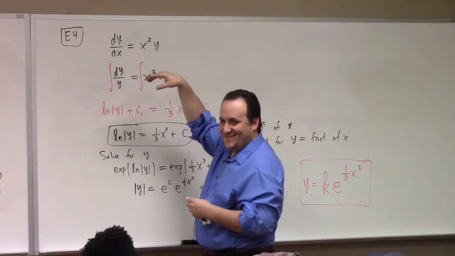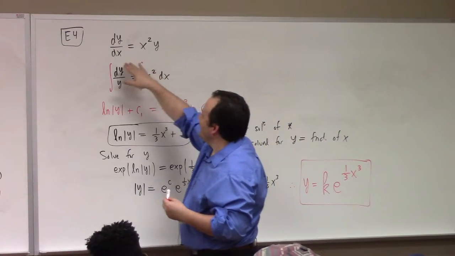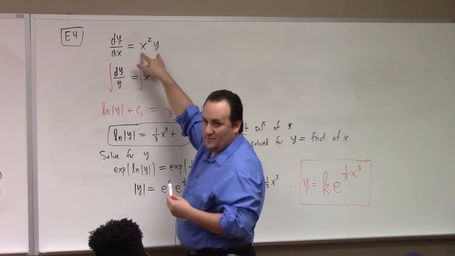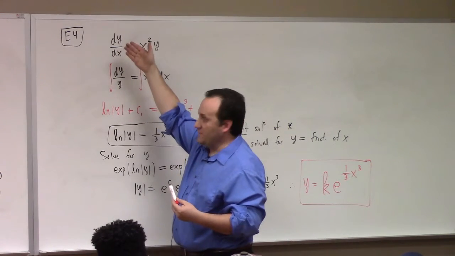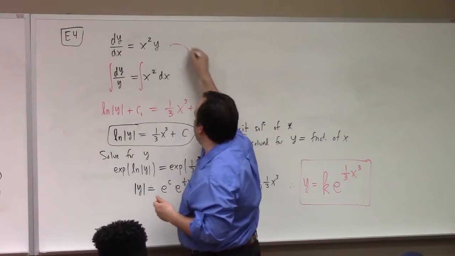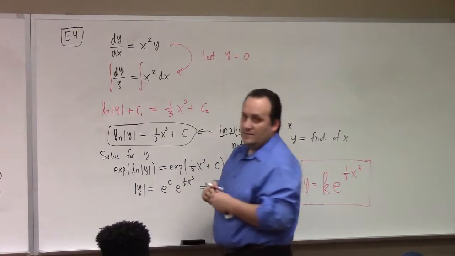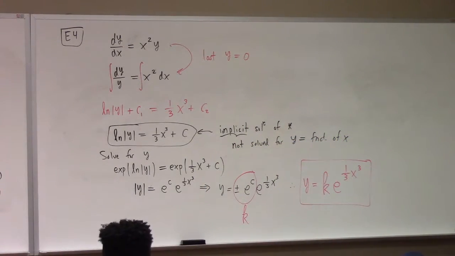And of course, x squared times 0 is 0. So yes, 0 works. Why did we lose that? Well, there's a very simple reason. We divided by y. So in this step, going from here to here, we lost y equals 0 as a potential solution because of that algebra step. So y equals 0 is what's called an extraneous solution to the method.